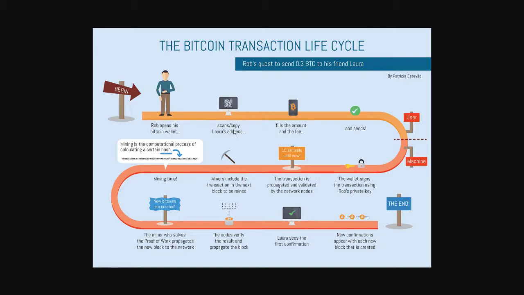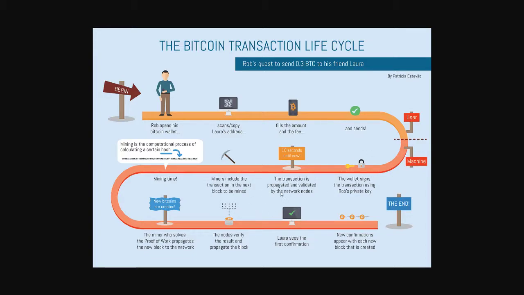He scans a copy of Laura's address, fills the amount and the fee. It sends. This is the point where it transfers from the user to the machines. The wallet signs the transaction using Rob's private key.